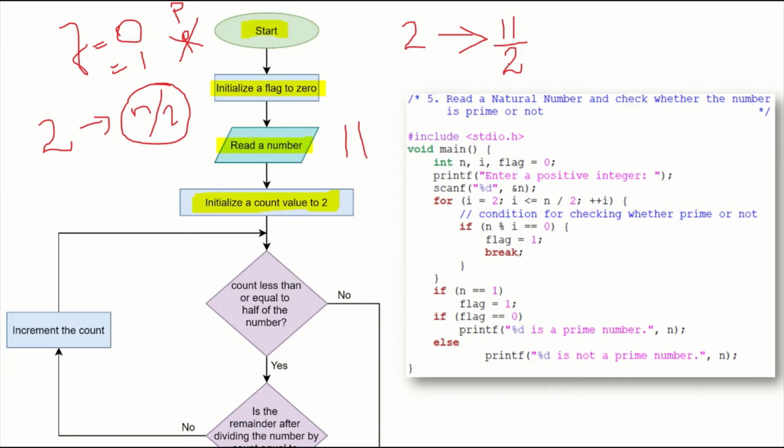Actually 11 by 2 is 5.5, but we need to take the value only up to 5, because we will be declaring these numbers as integers in the program. So actually it is dividing and checking the numbers from 2 to 5.